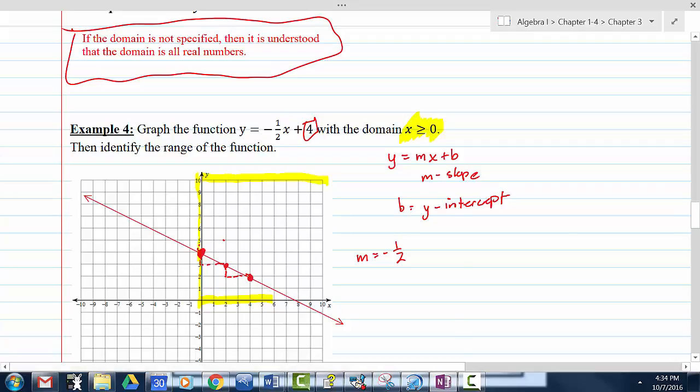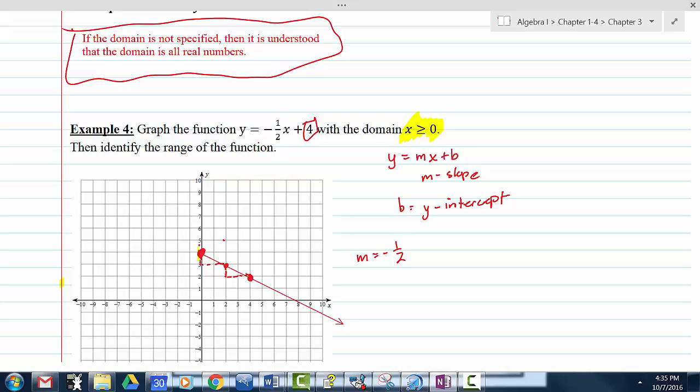The other part we're not talking about. So those aren't in our domain. So really those values aren't even there. So we can just erase that. So the line we're talking about is just that piece. That piece of line right there is the line we're talking about.